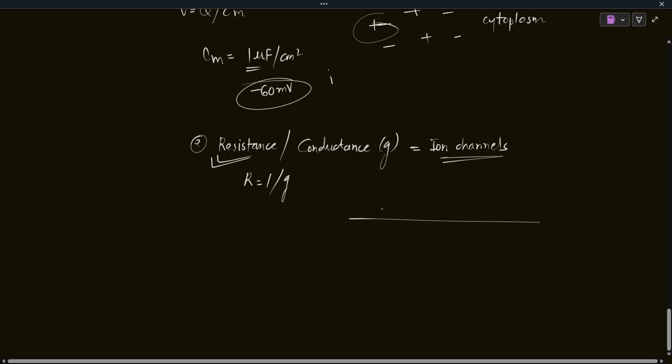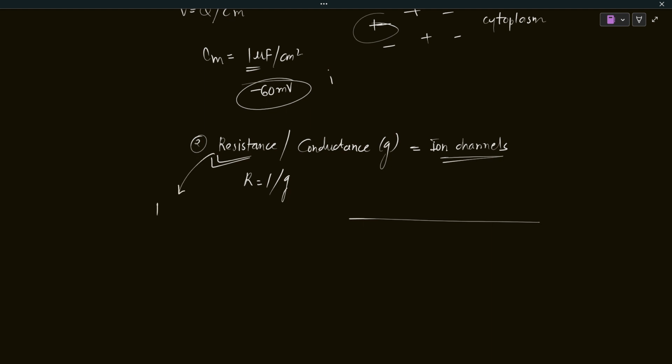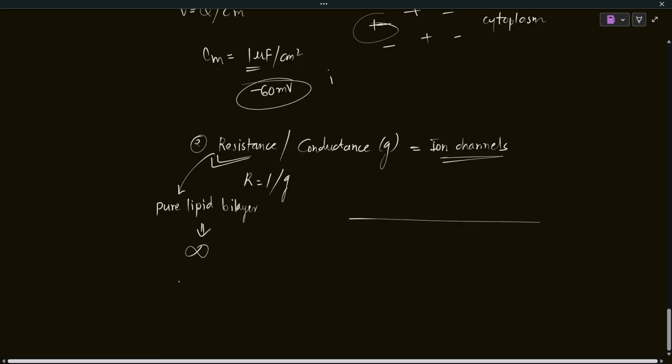It only has the property to store charge, but does not let ion current flow, because lipids are hydrophobic and don't allow ions to pass through. So the pure lipid bilayer has infinite resistance and zero conductance. It cannot conduct any current.